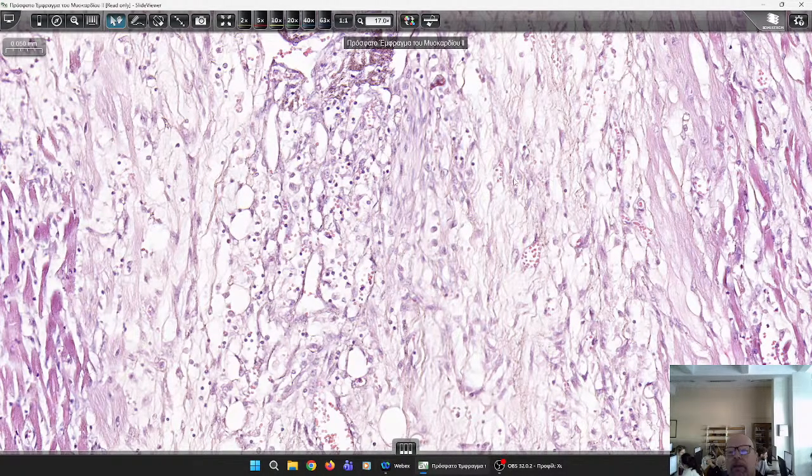tissue. This is a desmoplastic reaction leading to a scar tissue.